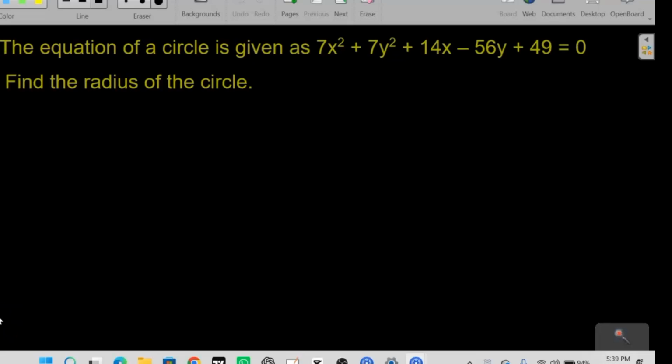The equation of a circle is given as 7x² plus 7y² plus 14x minus 56y plus 49 to be equal to 0. Find the radius of the circle.